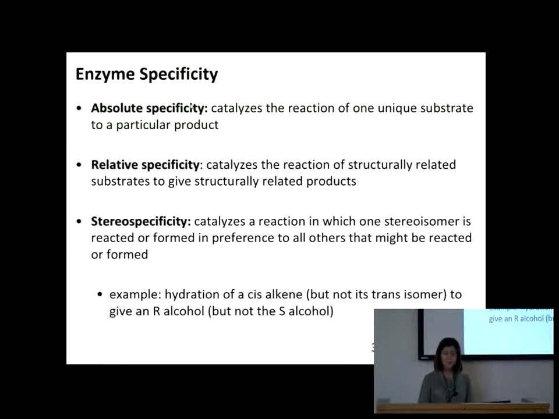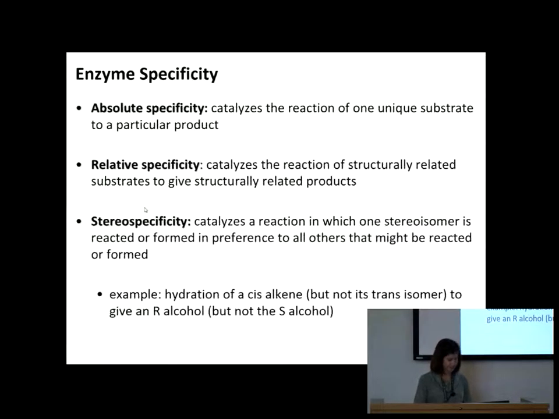So absolute, it only takes one specific substrate. Relative specificity, it might take a couple. In stereospecificity, it only takes one stereoisomer rather than the other, or it gives a product that has one mirror image rather than the other.